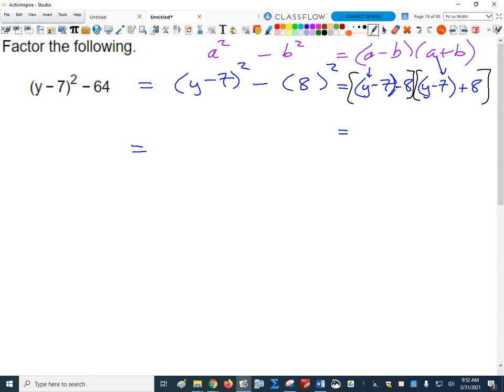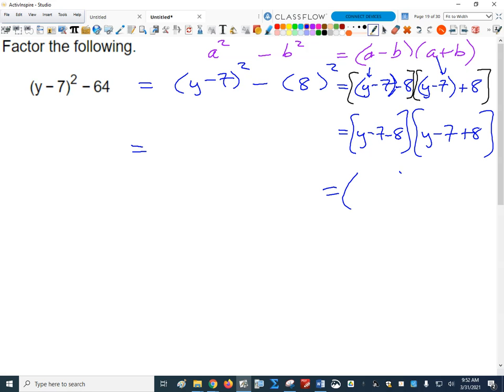So I end up with y minus 7 minus 8. Same thing here, times y minus 7 plus 8. Well, what is y minus 7 minus 8? Y minus 15.